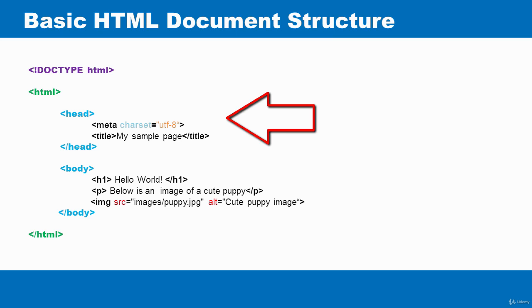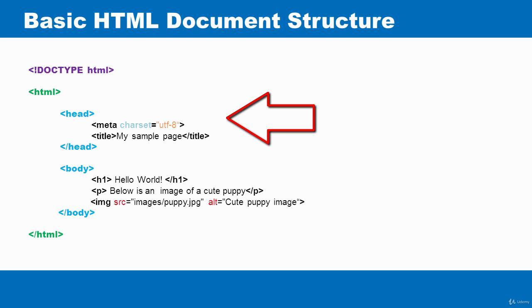Whatever is enclosed between the head element isn't the content that is visible when someone visits your web page. Within the head element, you can add tags like the meta charset, and also the page title.